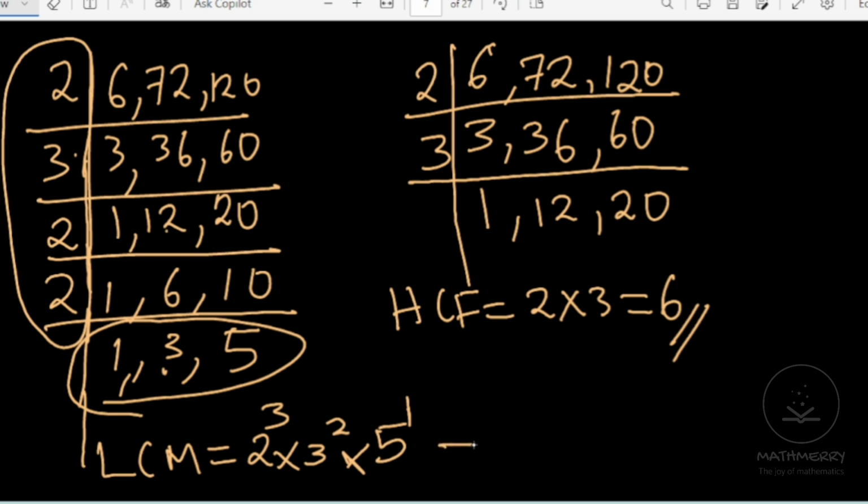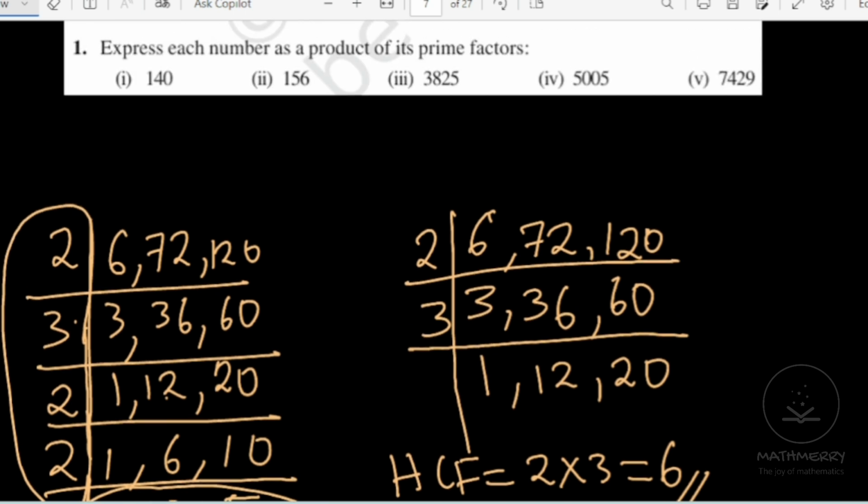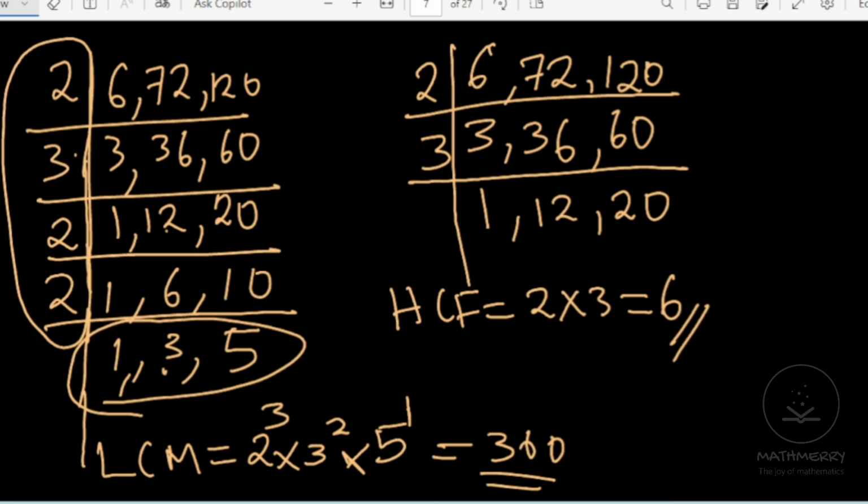So that's our answer, and we will get 360 as the LCM. So that's our normal method. This way also you can do it. You can do the prime factorization and then write the answer. I just wanted you to know this.